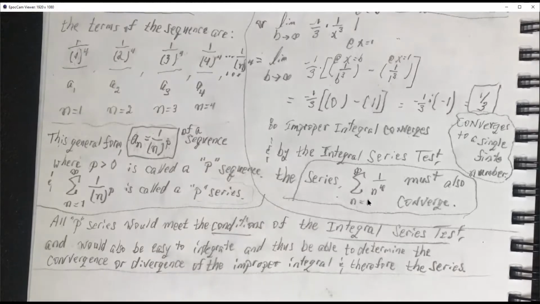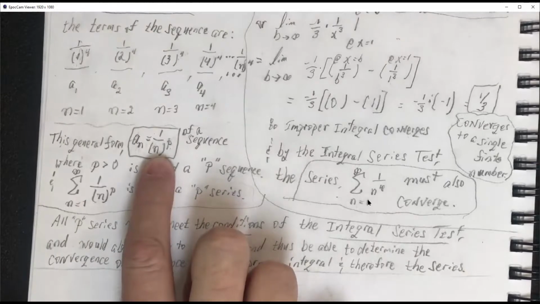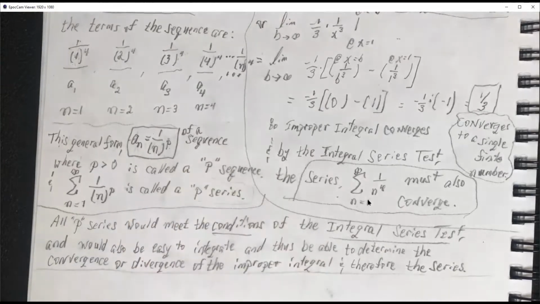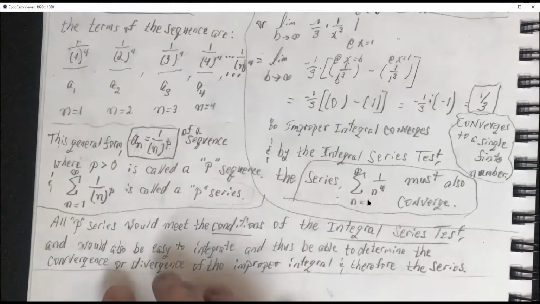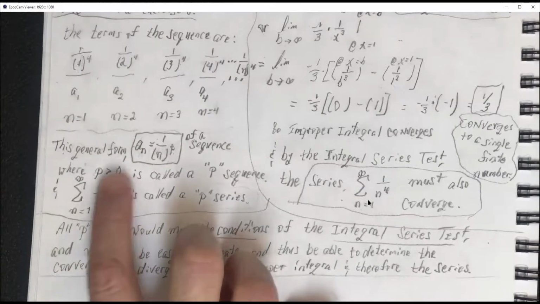If we were to check continuity, positive, decreasing, they would pass every single time. And any formula of this P series form would be easily integrable, because you would just move it up and use the power rule, which is exactly what we did right here.